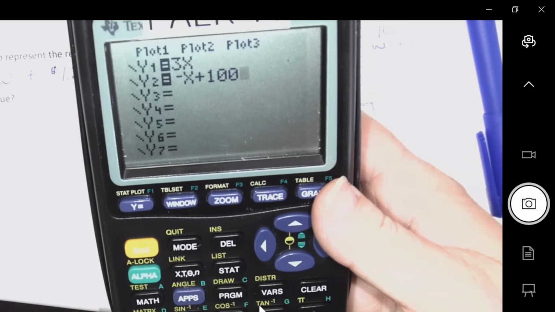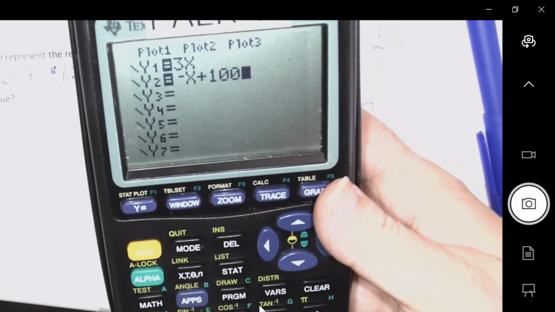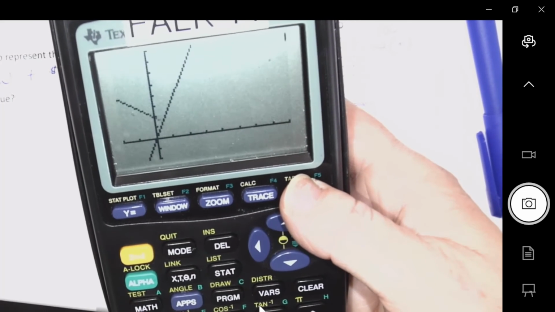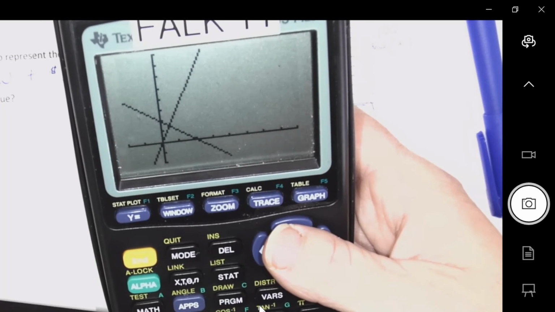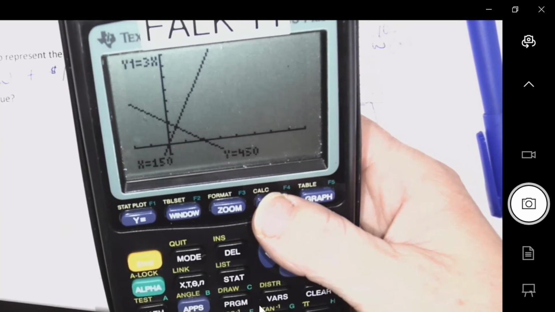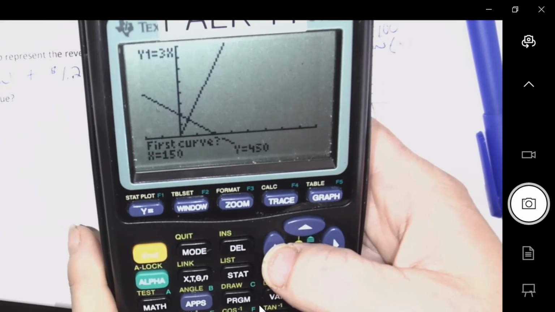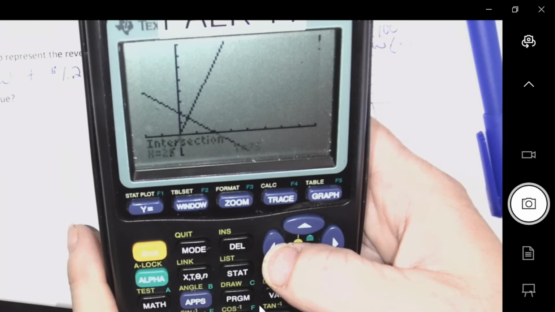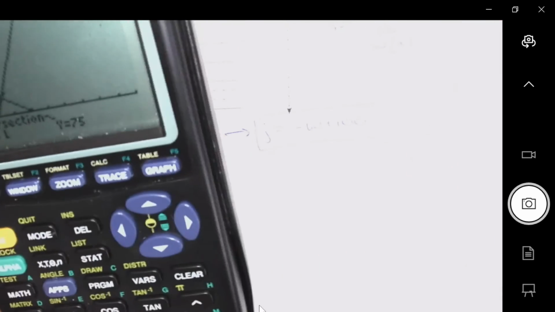So there's my two equations, the 3x equation and then the negative x plus 100. Okay, I'm going to get this intersection point, so calculate intersection, enter, enter, enter. And there it is, 25, 75.